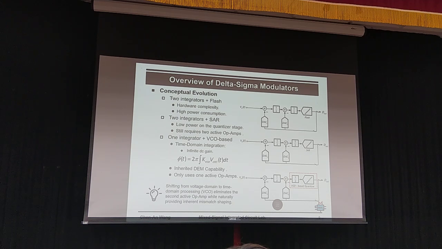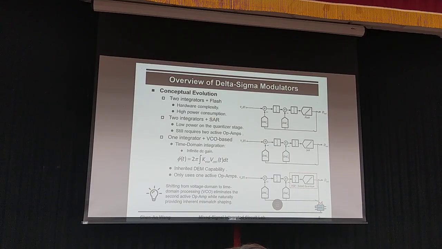As I mentioned on the previous slide, although the active-RC first stage guarantees excellent linearity, the conventional second-order architecture faces the challenge of high power consumption. So to solve this analog power bottleneck, recent research has driven the architecture evolution shown in this diagram.